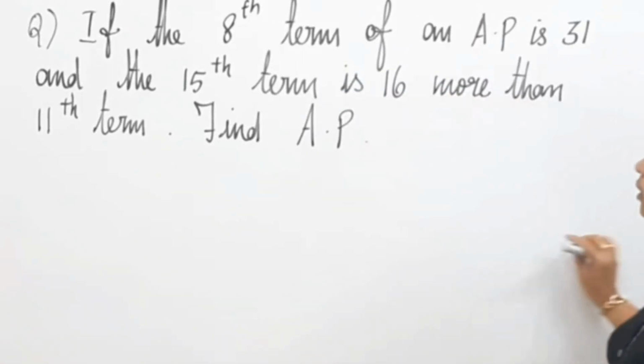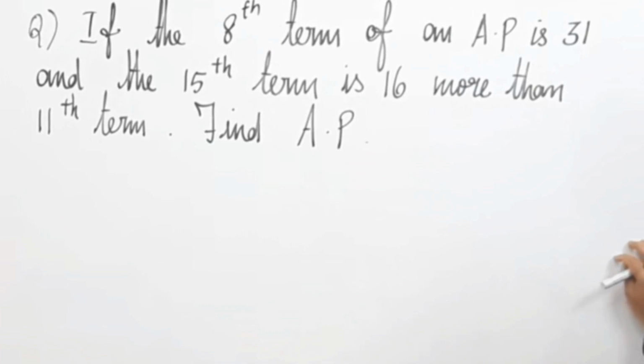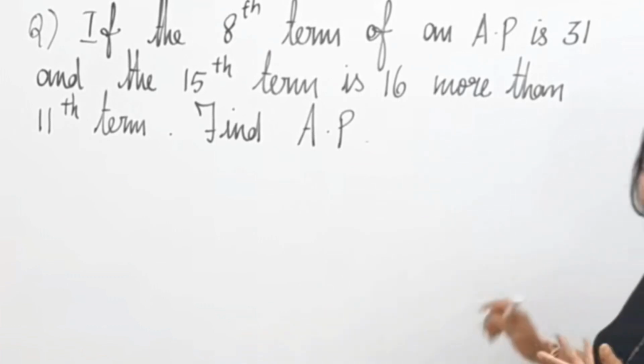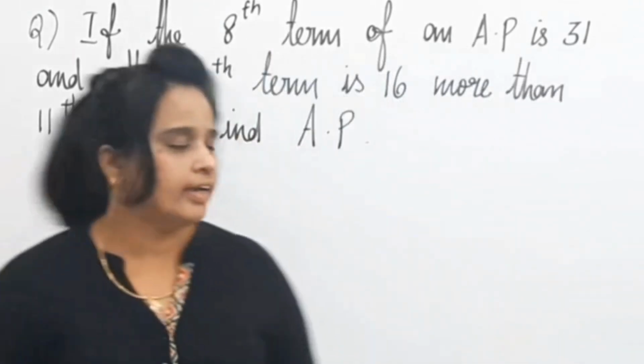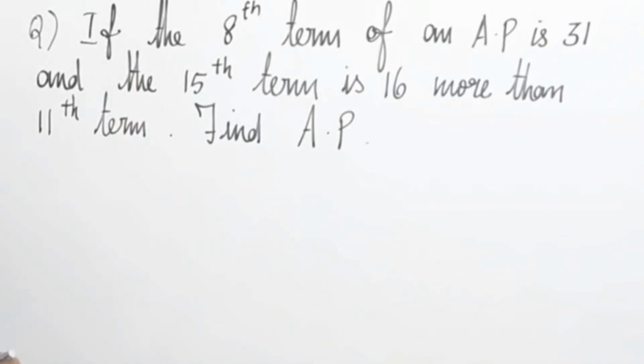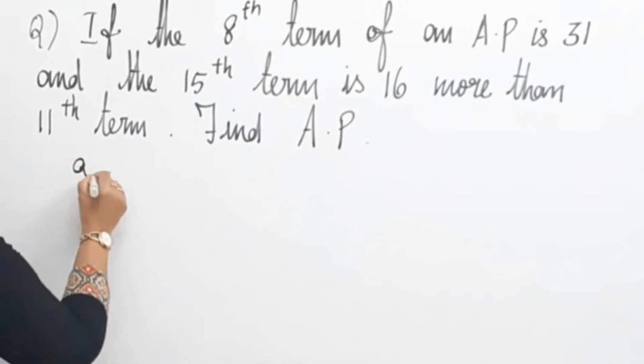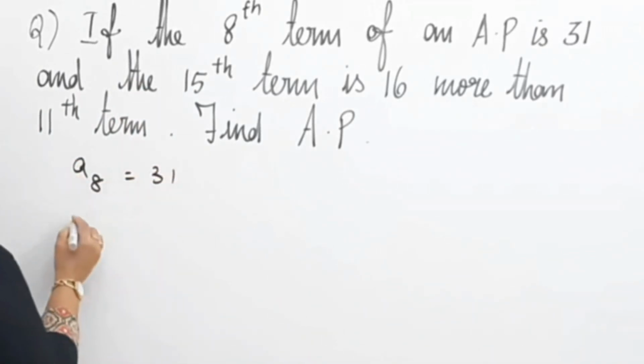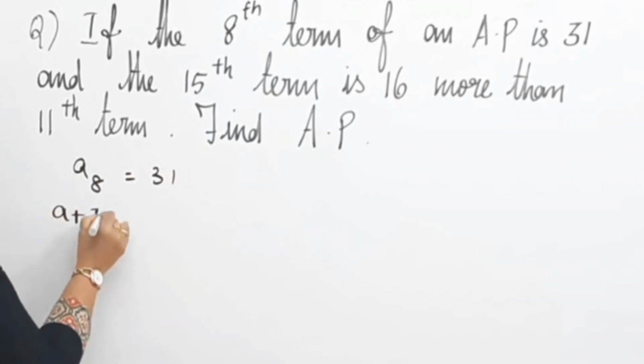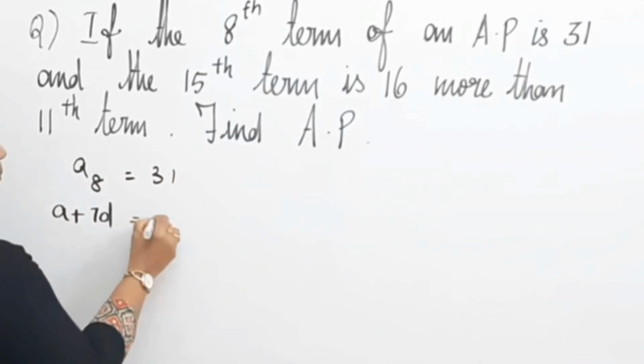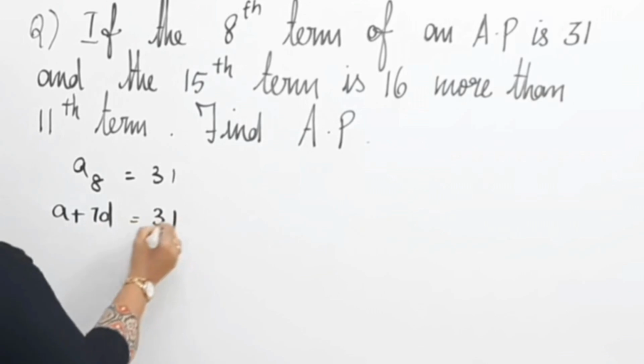If the 8th term of an AP is 31 and the 15th term is 16 more than the 11th term, find the AP. So the 8th term of an AP, a8 is equal to 31. So you know a8 can be defined as a plus 7d equal to 31.